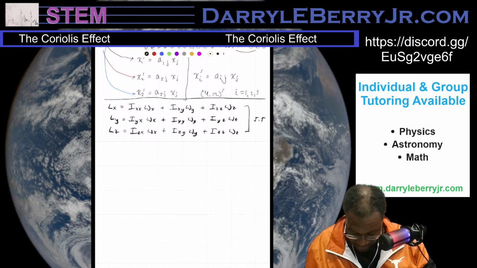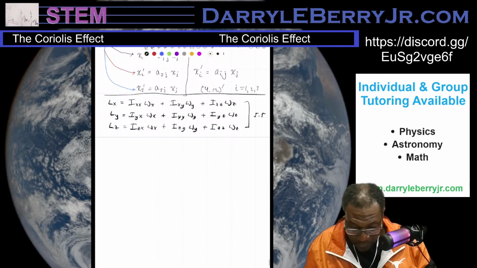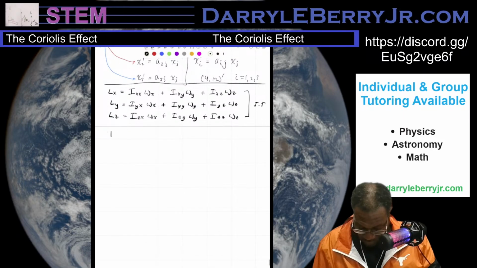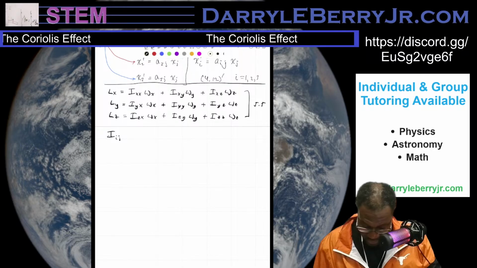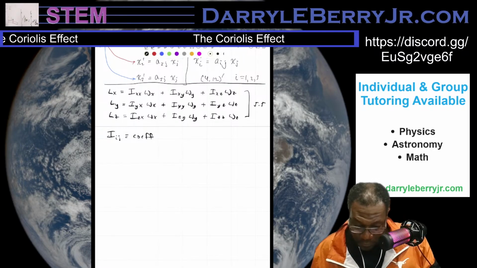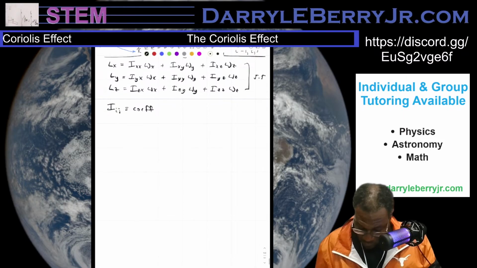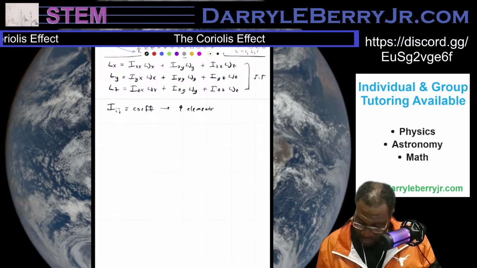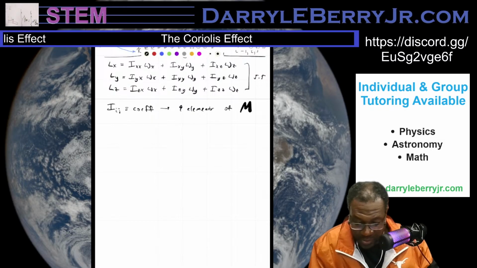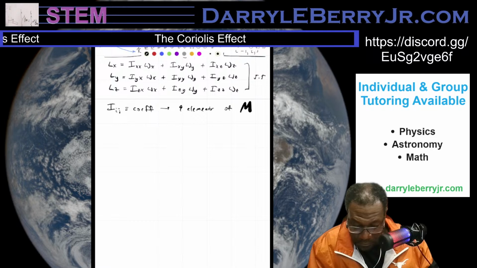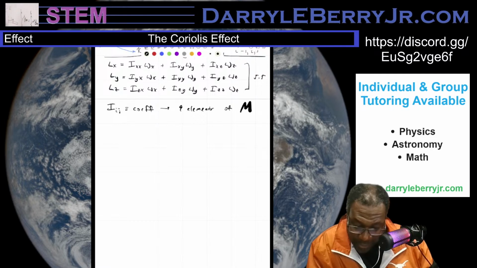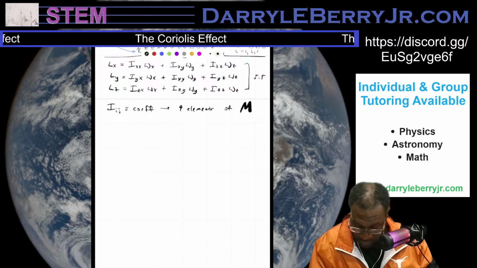Coefficients Ixx and so forth. So Iij are coefficients, elements of the matrix transformation. The diagonal elements are known as moment of inertia coefficients.